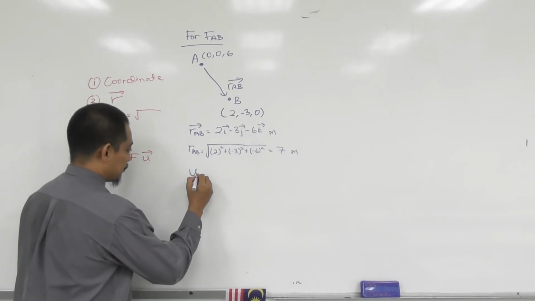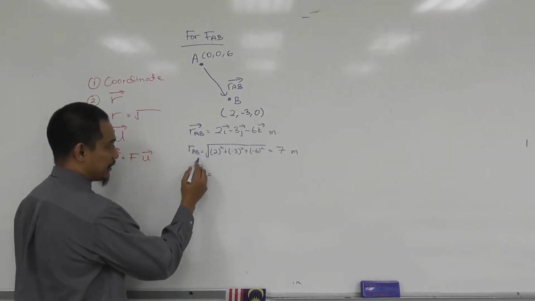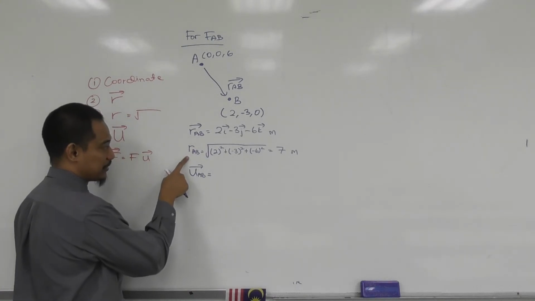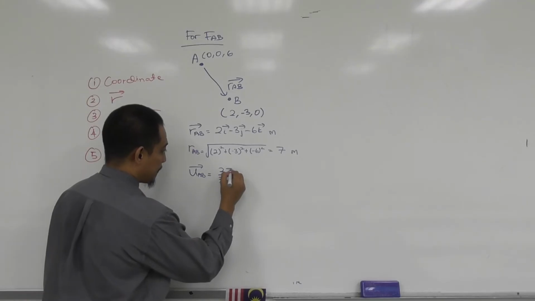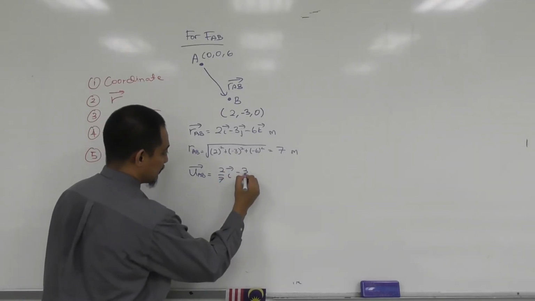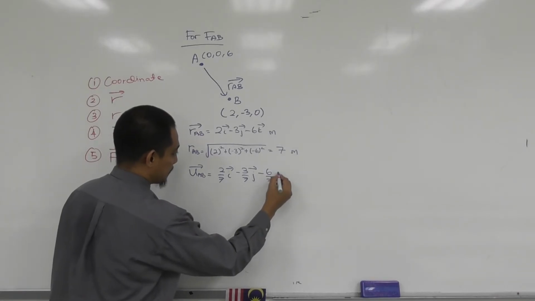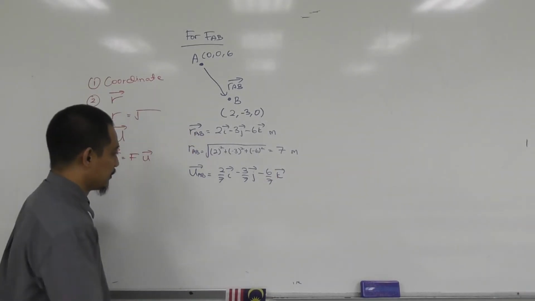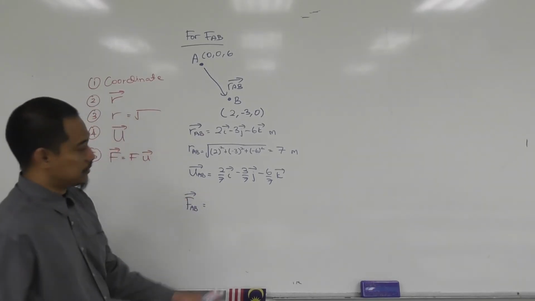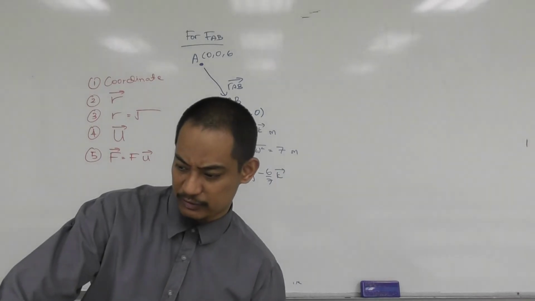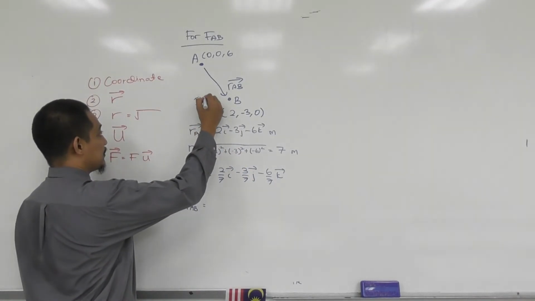Anyway, the unit vector UAB is basically the RAB vector divided by the RAB magnitude. So 2 over 7 i minus 3 over 7 j minus 6 over 7 k. And then FAB, because the force is actually given already. FB is 560 Newton; the question gives you 560 Newton here.